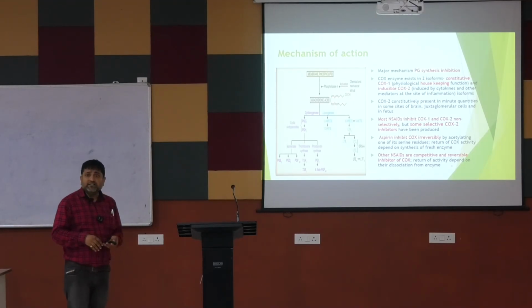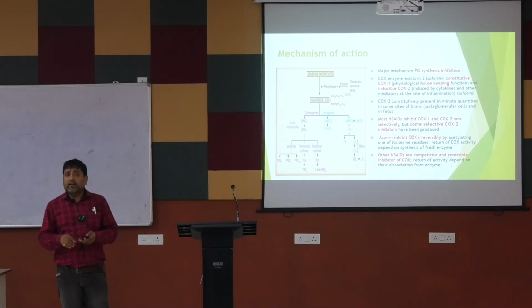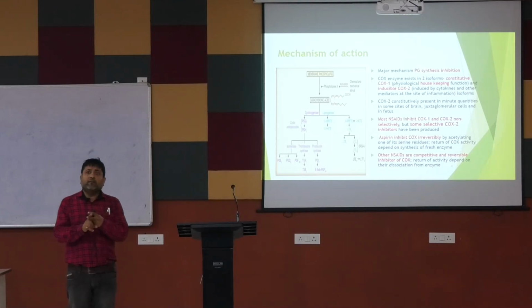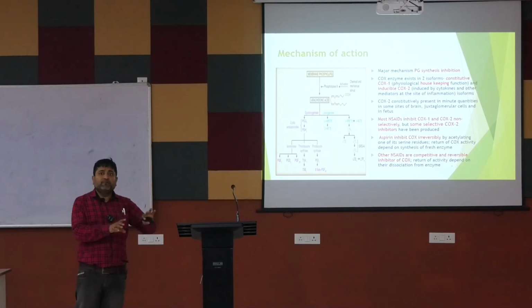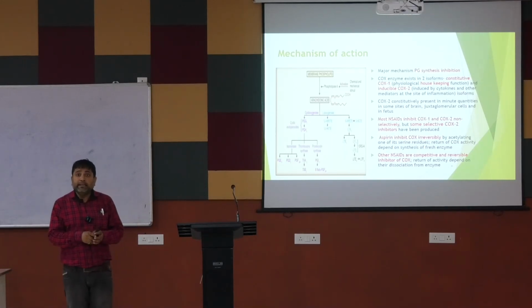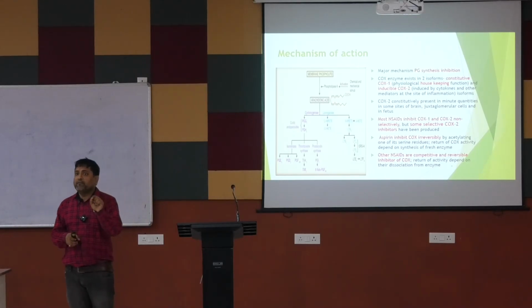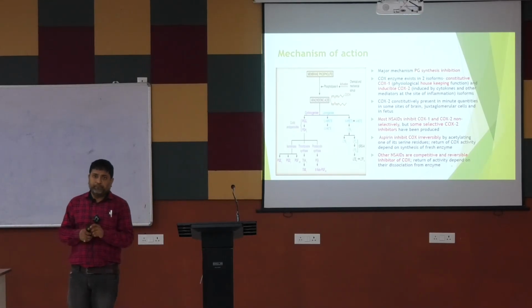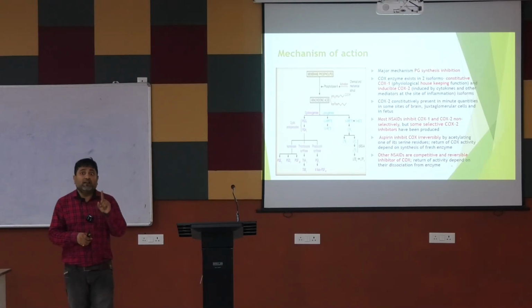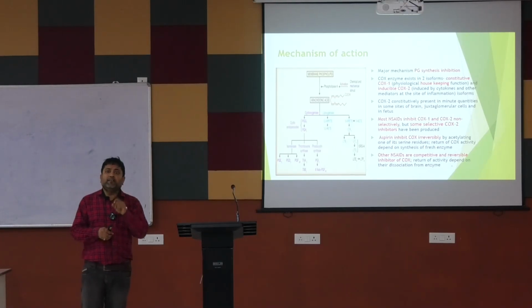Most non-steroidal anti-inflammatory drugs inhibit both COX1 and COX2, except some selective COX2 inhibitors which are available. They cause reversible competitive inhibition of the COX enzyme, except aspirin, which irreversibly inhibits the enzyme.